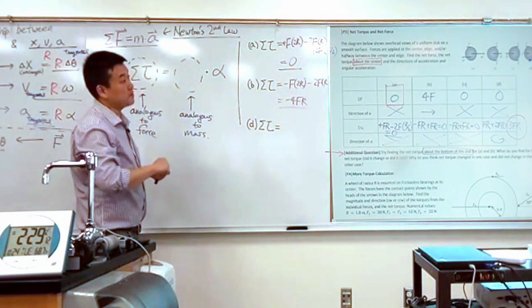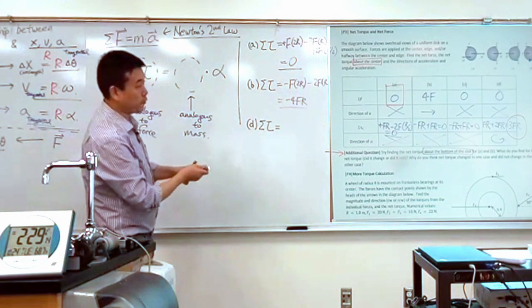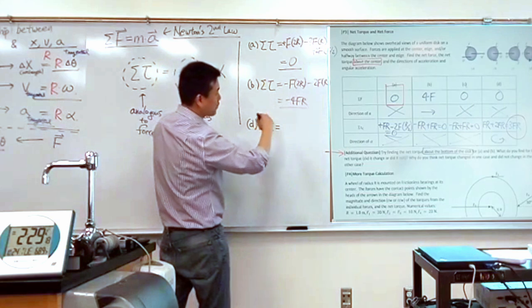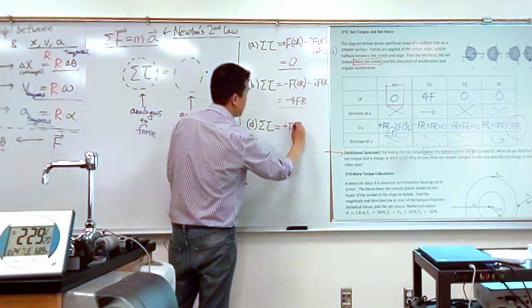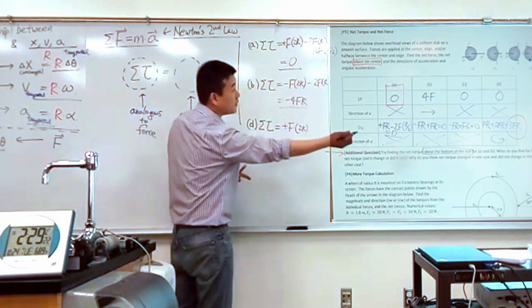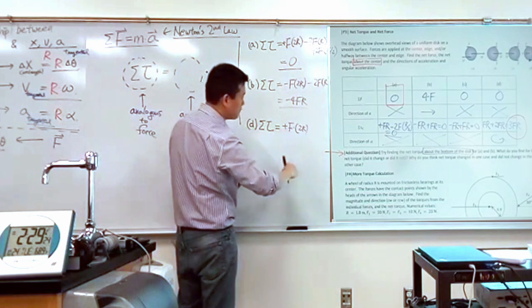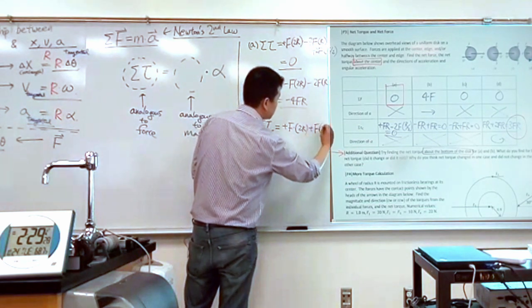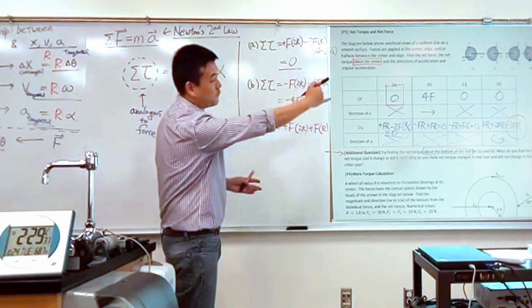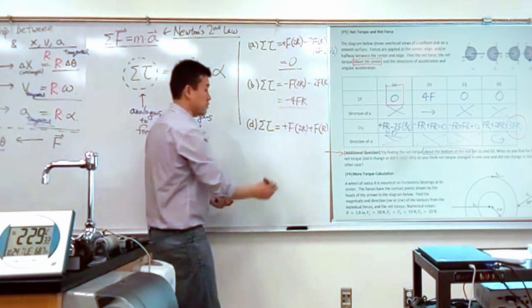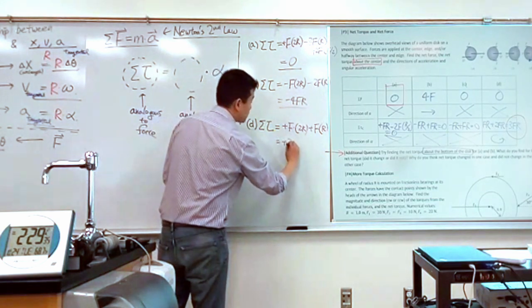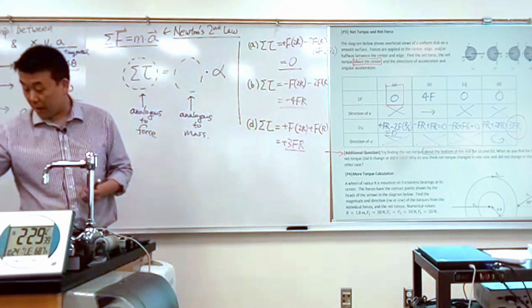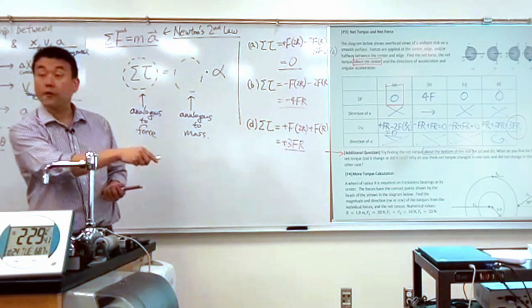Let's try it. So net torque for D is counterclockwise, plus F times 2R, and then it's counterclockwise again, so plus F times R. And then the bottom force doesn't produce any torque. So all of this is equal to plus 3FR, which is the same value that we calculated before.